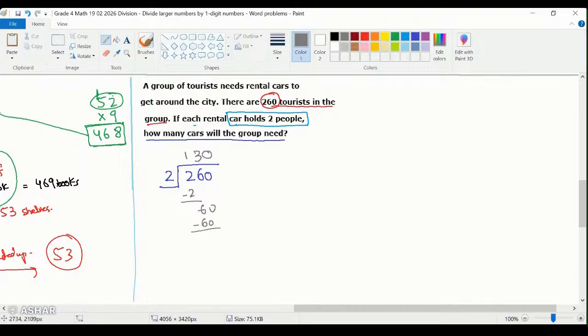This would be a 0. So that means 260 tourists will need 130 cars. Agreed?